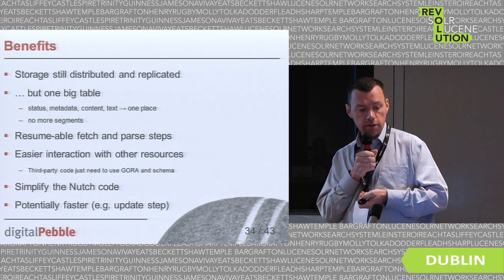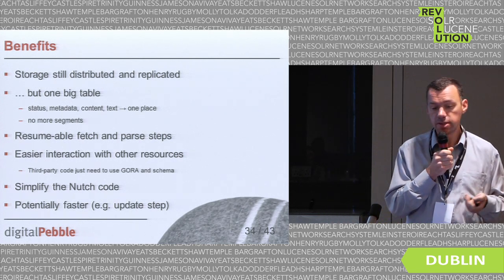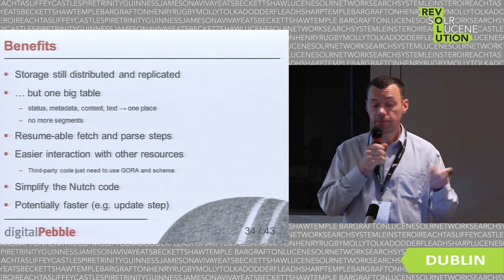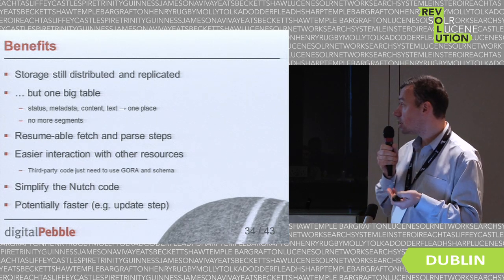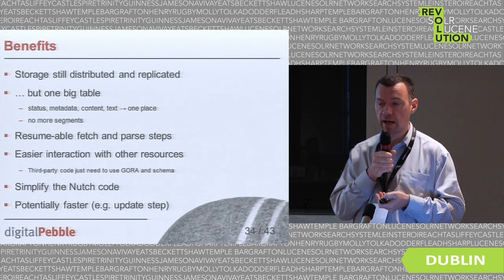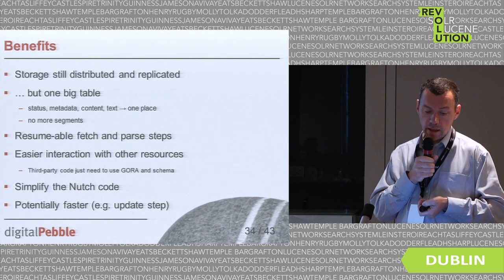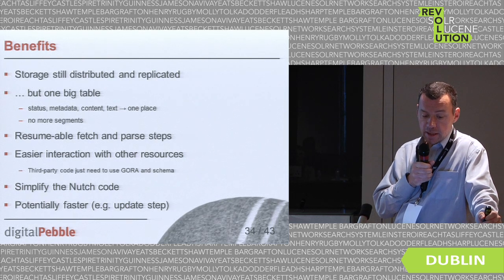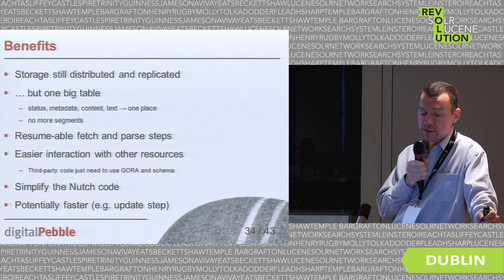So what are the benefits of Nutch 2? We still have distributed, replicated storage, but we have one big table containing everything: the status, the metadata, content, text. So we don't have segments any more like we had in Nutch 1. One of the nice little features that we gain from that is that we can resume a fetch or a parse step.